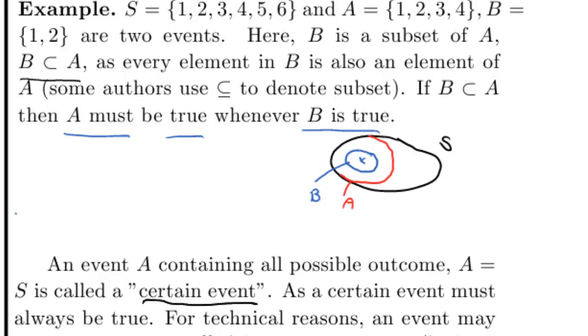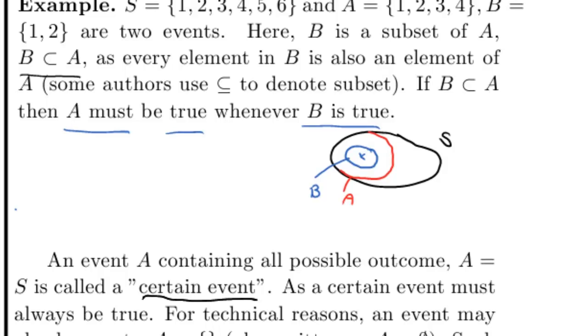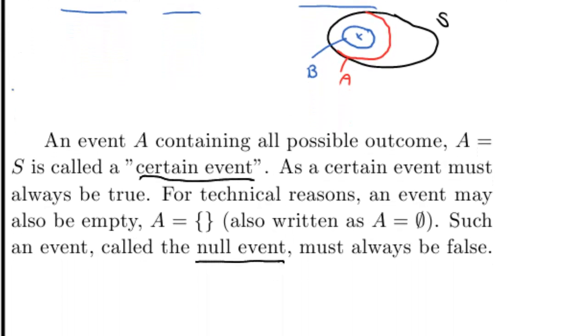Finally, we have something which are called certain events and null events. So a certain event is an event that contains all possible outcomes. A is equal to the sample space S. Graphically, the blob of such an event would be the same as the blob for the sample space.